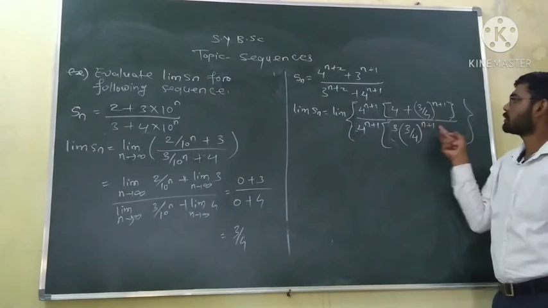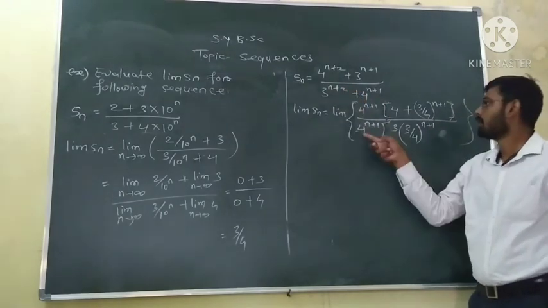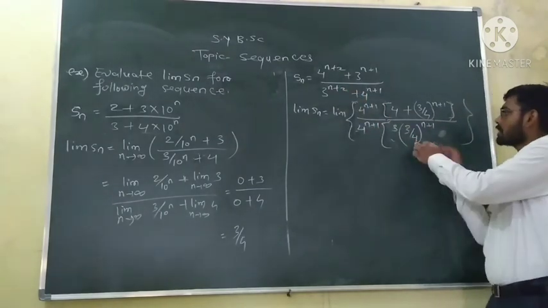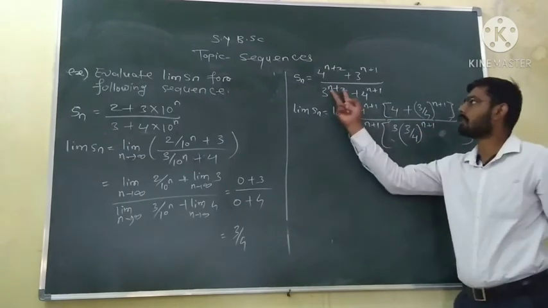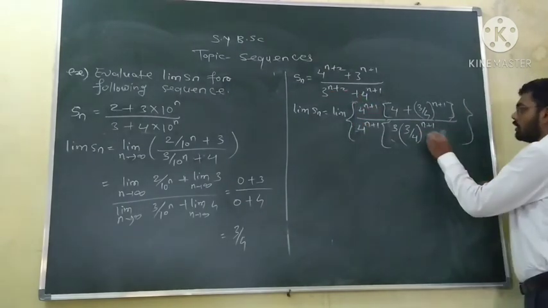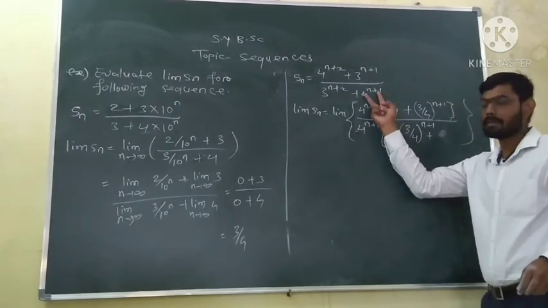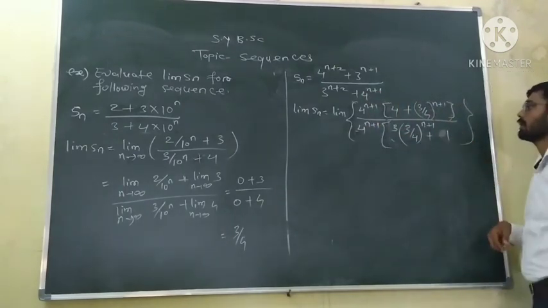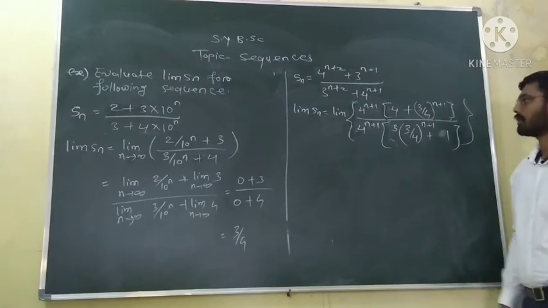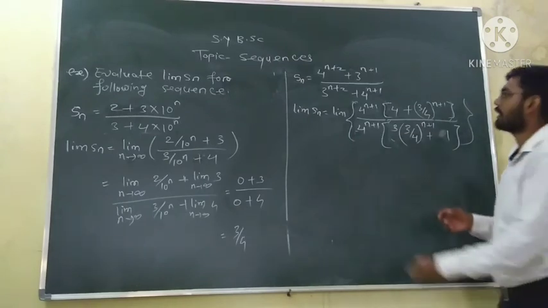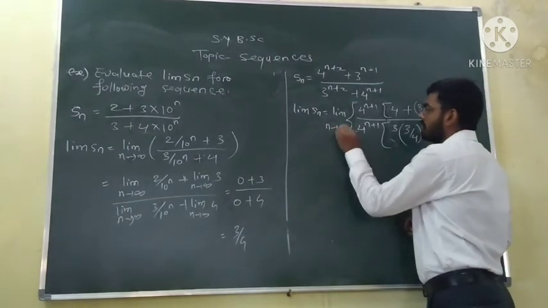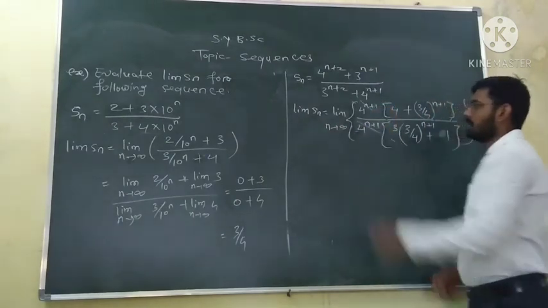3 into 3 raised to power n plus 1 is 3 raised to power n plus 2, over 4 raised to power n plus 1, and 4 raised to power n plus 1 gets cancelled, so 3 raised to power n plus 2 only. Plus we have taken 4 raised to power n plus 1 common, so plus 1. Bracket complete. Now take the limit as n tends to infinity, but this common value gets cancelled.